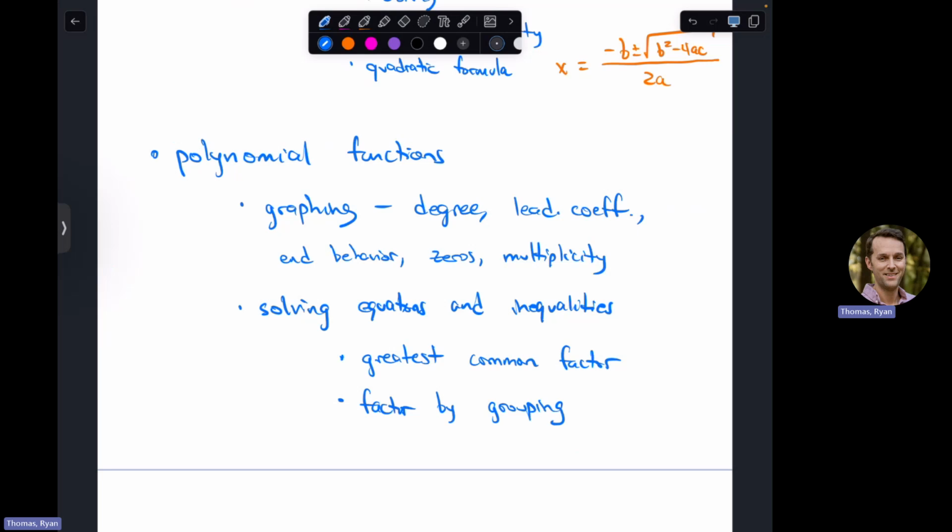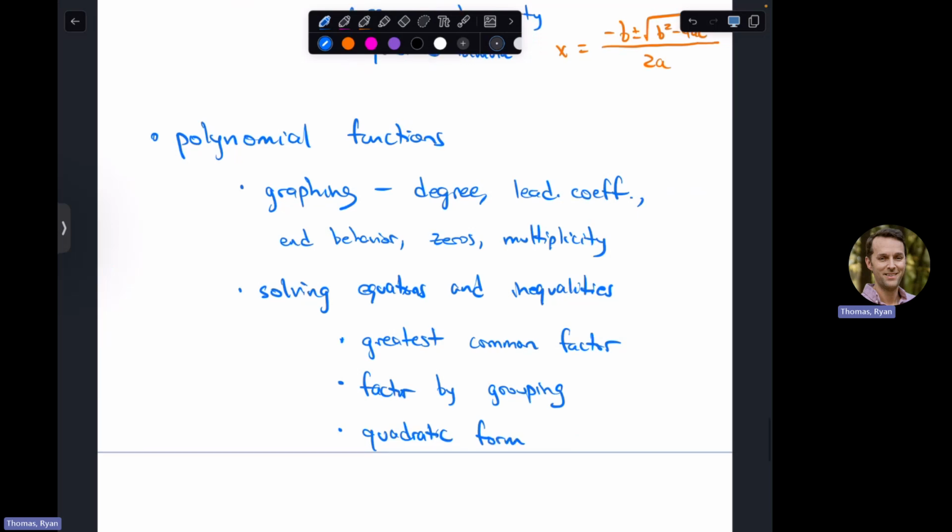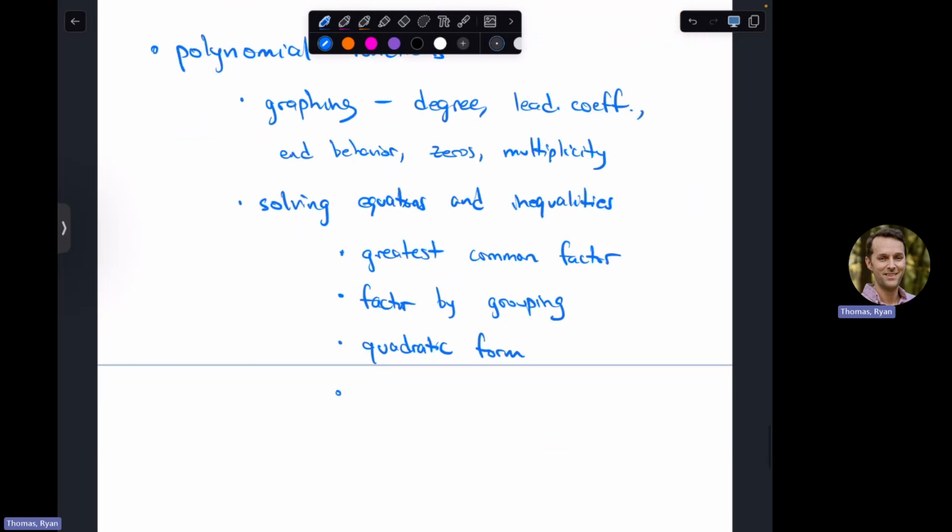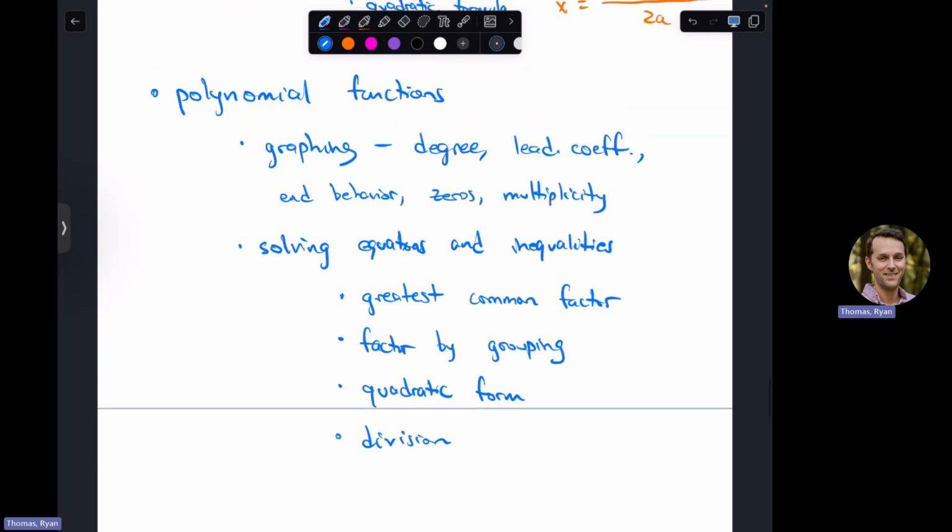All those factoring technique things we looked at last week. Quadratic form. And now division. Right, factoring when none of the other stuff works by dividing.